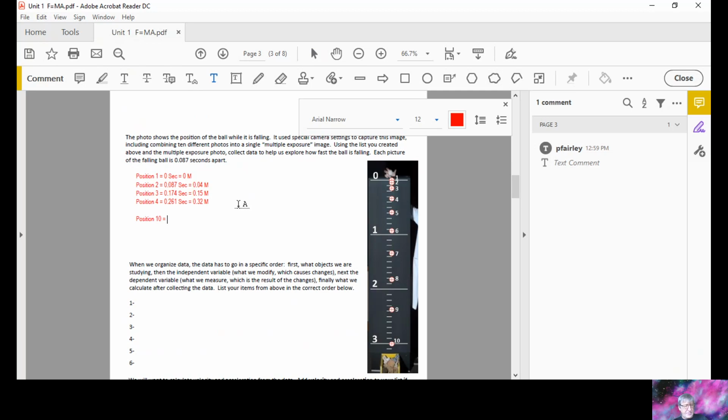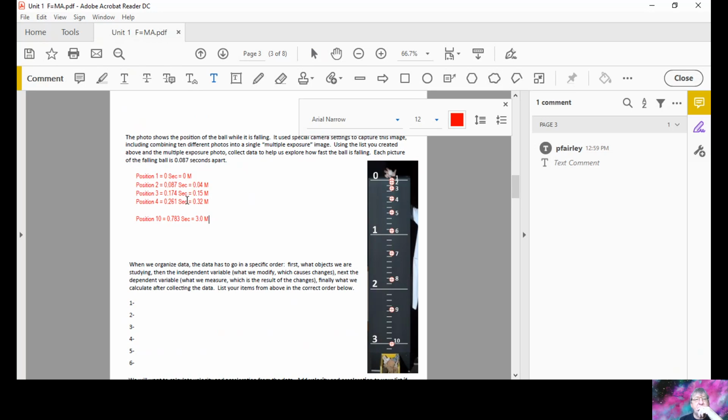So that's what you should end up with, is 0.783, 0.783 seconds that it took to fall that far. That's still less than 1 second, isn't it? 0.7, a little more than half a second. And I can see from looking at the red cross on the ball that it's exactly at 3 meters, 3.0 meters.